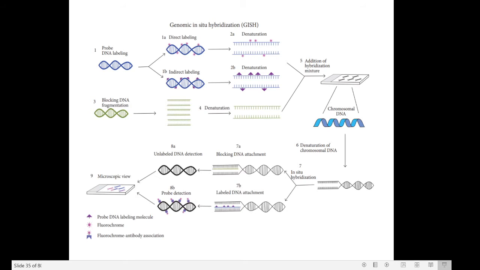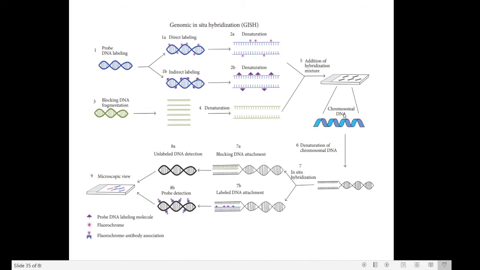In the first image itself I mentioned the probe DNA; it can be directly labeled or indirectly labeled. Here this is directly labeled: directly fluorescent molecules are attached. Here we added the antibodies for the fluorescence. The denaturation happens. These two denatured strands are incorporated with the block, that's normal DNA.